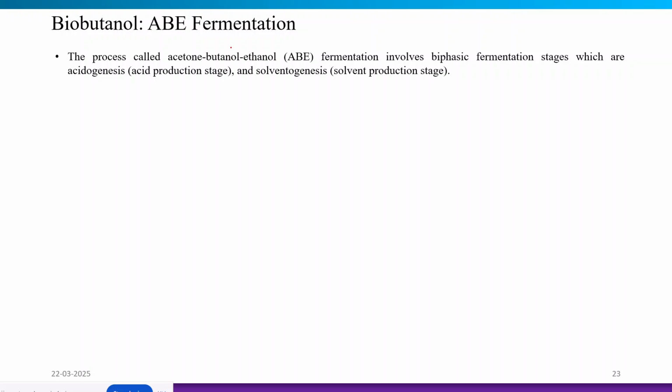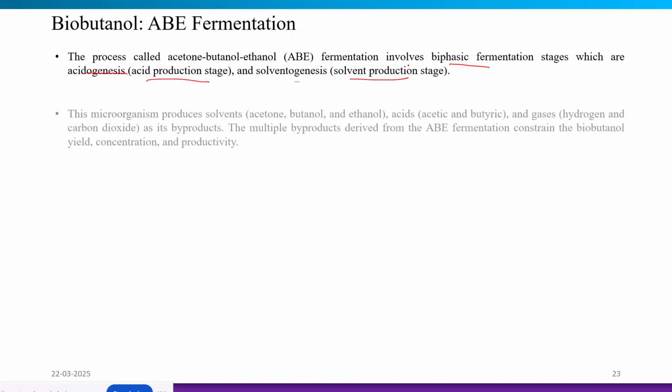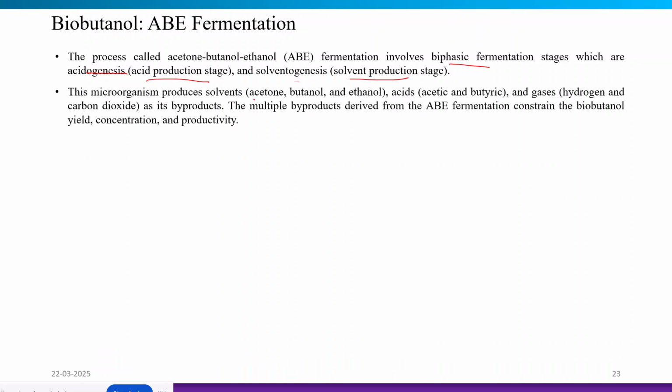This process is the so-called acetone butanol ethanol fermentation, which involves a biphasic fermentation: acidogenesis, because acids are also produced, and solventogenesis, because solvents are produced in this stage. These microorganisms produce solvents like acetone, butanol, and ethanol, and acids like acetic and butyric acid, and also gases, hydrogen and carbon dioxide, as byproducts.